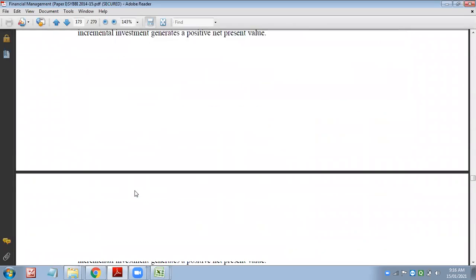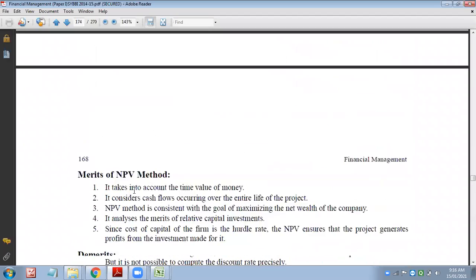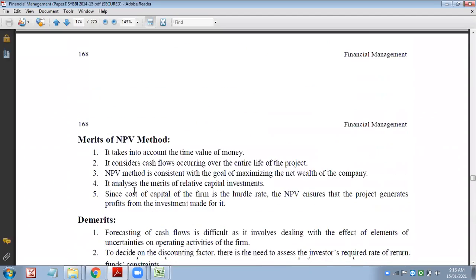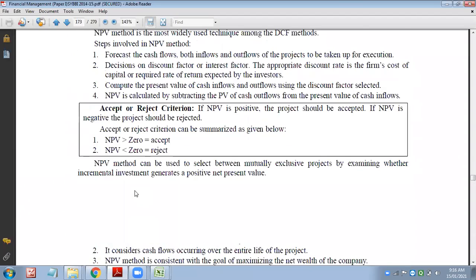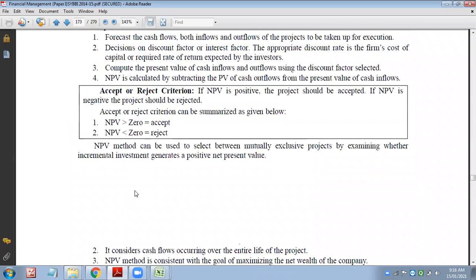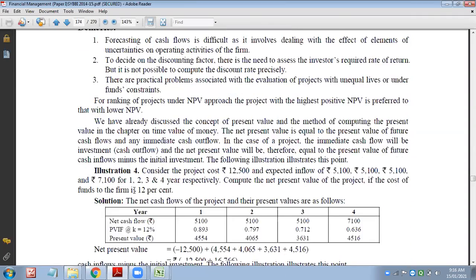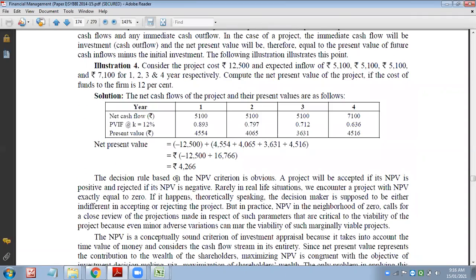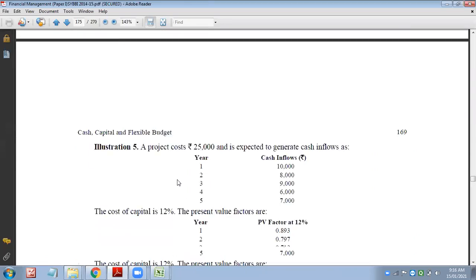So NPV and PI go hand in hand. For NPV, if it is positive, you should accept; if it is negative, it is to be rejected. Similarly, here there are different questions which you can practice on your own.